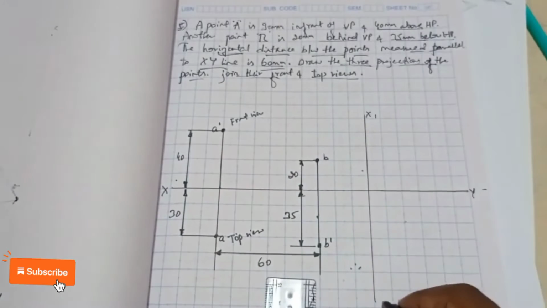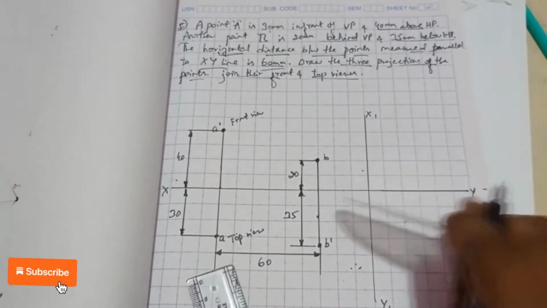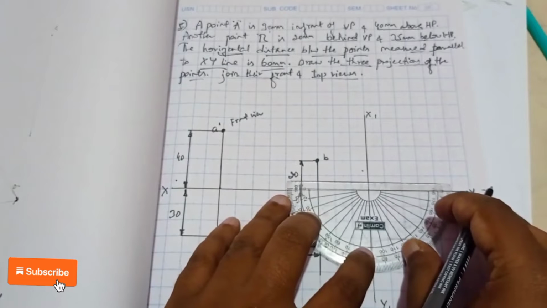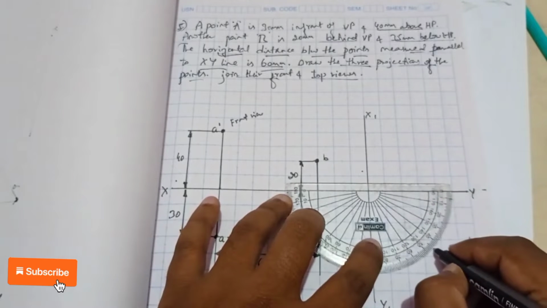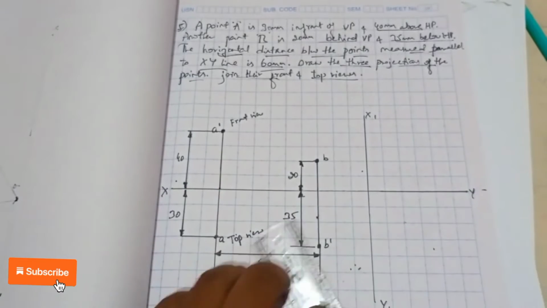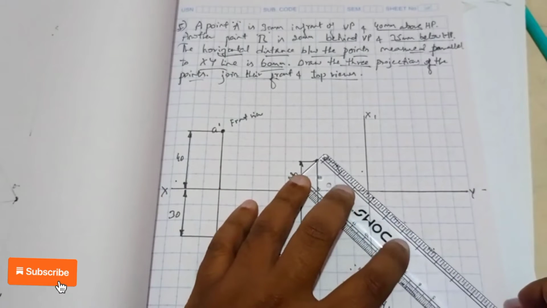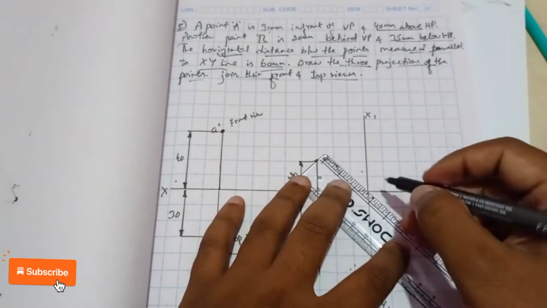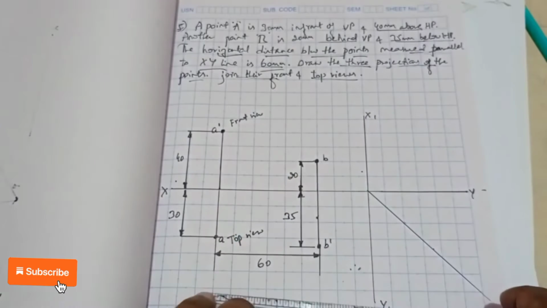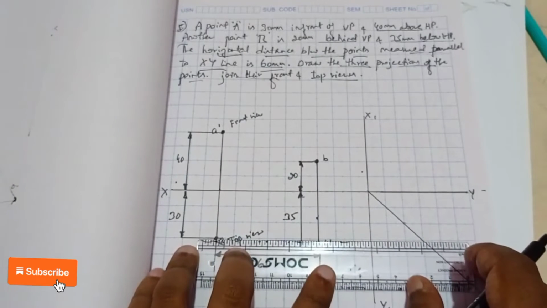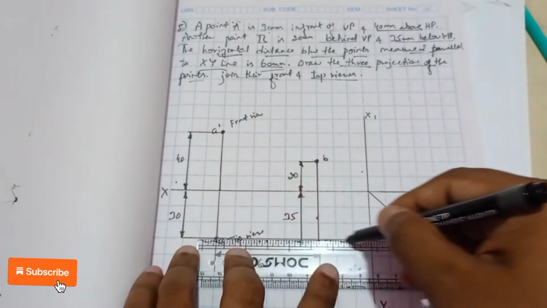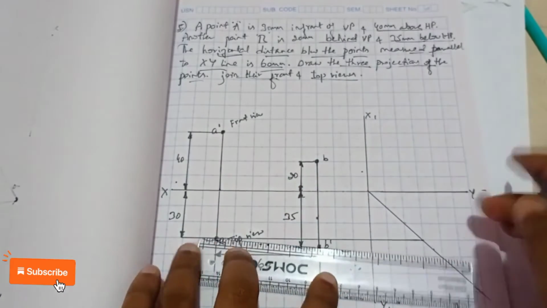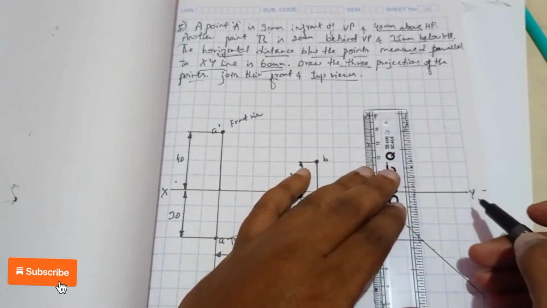This is X1 and Y1. I will use the protractor, place it at the intersection of XY and X1 Y1, mark 45 degrees and then draw an angle line. Now from this top view, draw the projection line till it touches the 45-degree line and then project it upward.